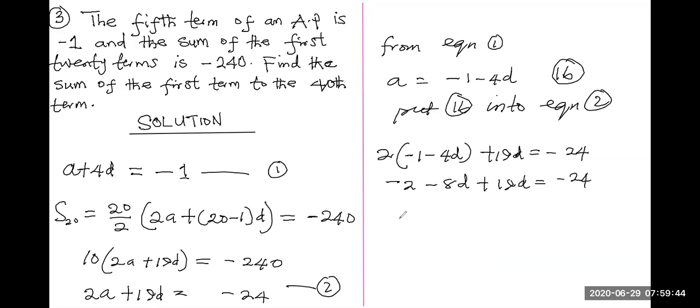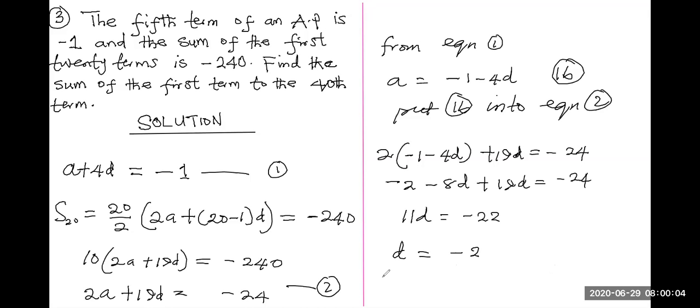And we are going to have 11d = -22. Therefore, d is equal to -2 when you divide both sides by 11.